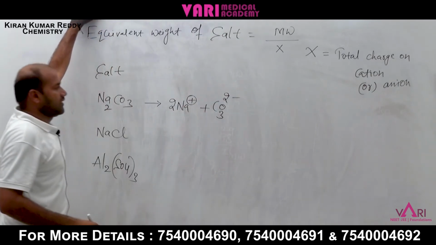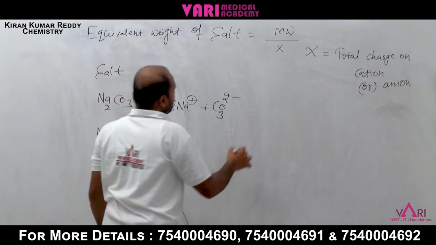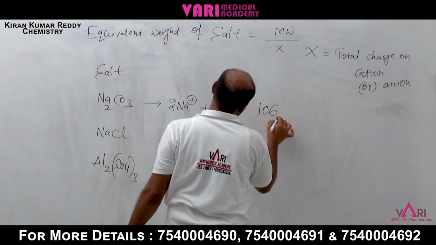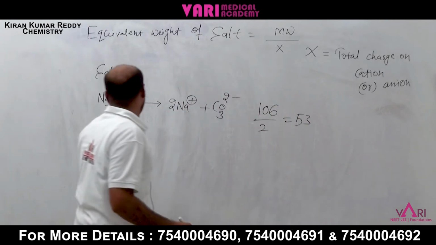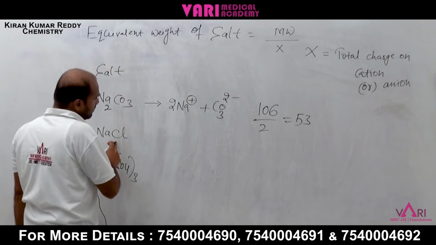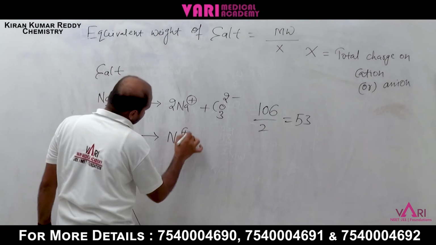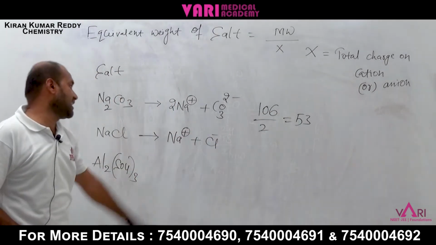What is the charge on the cation? 2. Now write the molecular weight. What is the molecular weight of Na2CO3? 106 by 2, that is equal to 53. Now coming to sodium chloride: Na+ and Cl-.